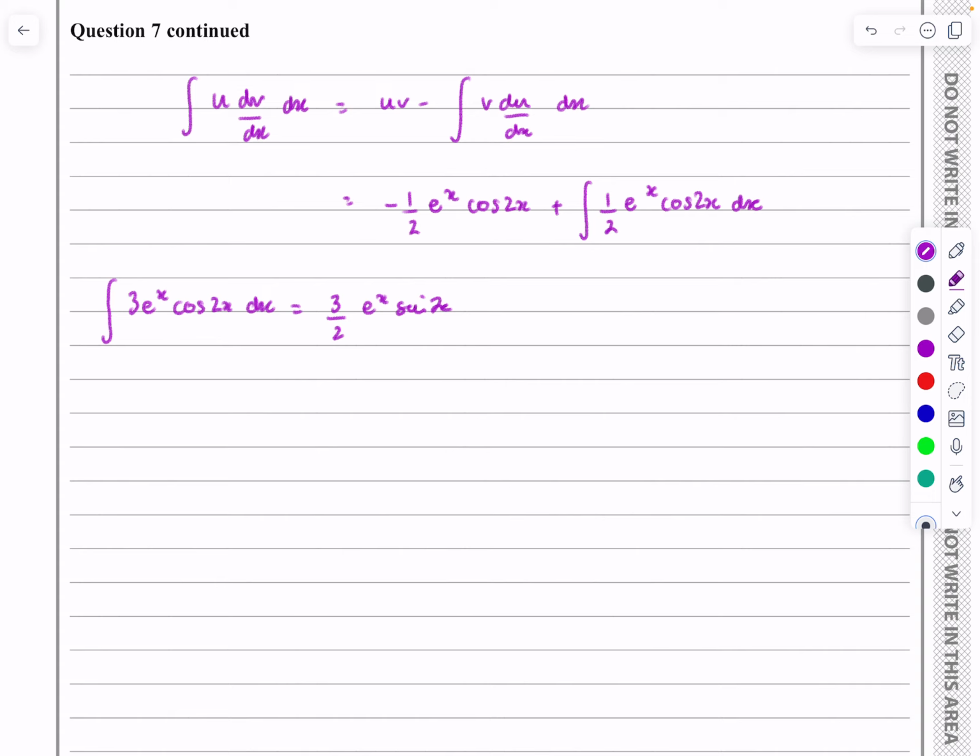This is going to be minus, well, let's do it like that, minus, and -3/2, so plus 3e to the x cos 2x, and then the minus and the 3 over minus 3/4 e to the x, integral of e to the x cos 2x dx.